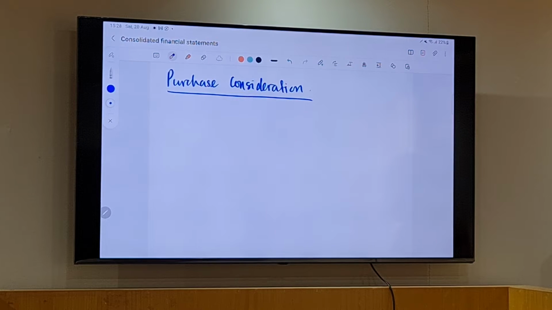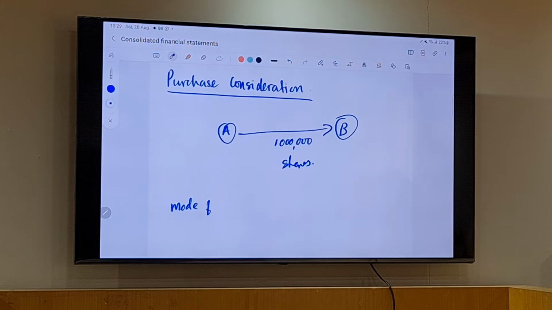From yesterday's understanding, purchase consideration is the money that we are paying to acquire the shares of the subsidiary. Let's say company A is acquiring company B, acquiring, let's say, 1 million shares. Simply, we understand it as the amount of money that we are paying to buy this. So the understanding that we need to make is the mode of payments.